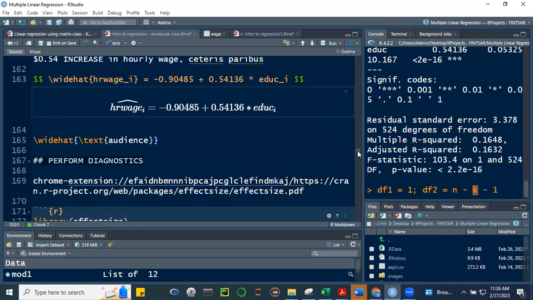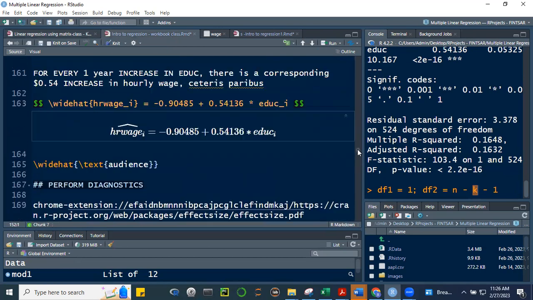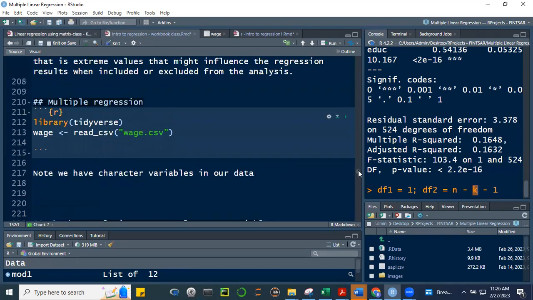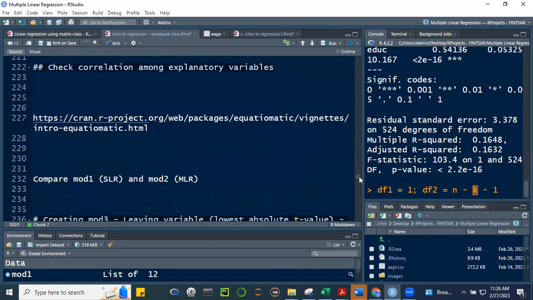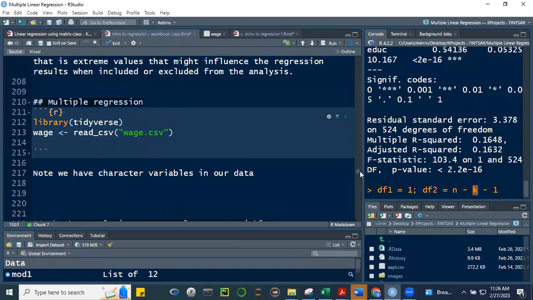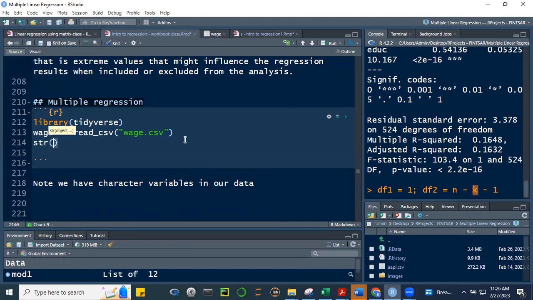So let me go back here. Okay, balikan na natin yung model natin. Okay. So let's now work with a multiple linear regression na tayo, no? All right. So going back to our data, let's take a look at the structure of our data.